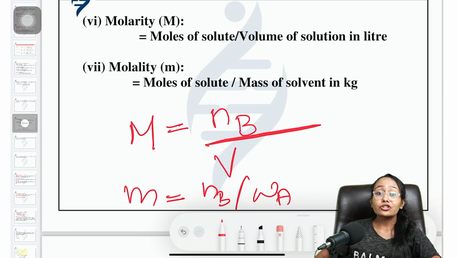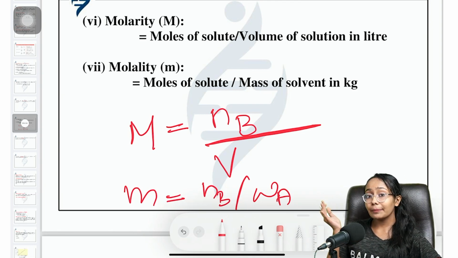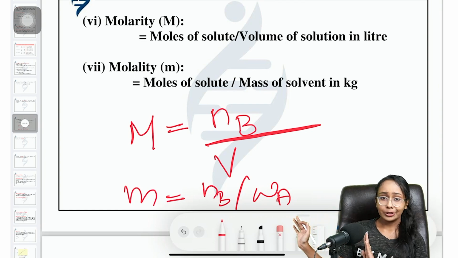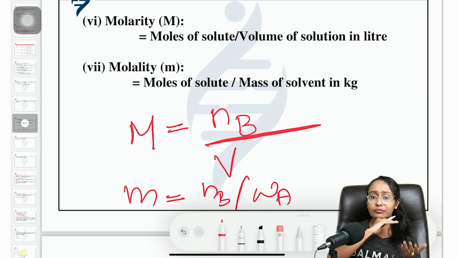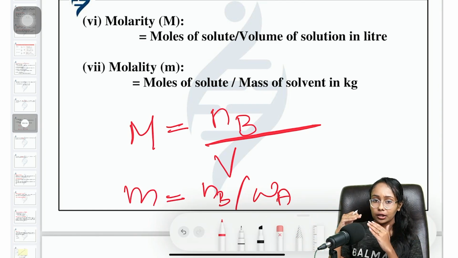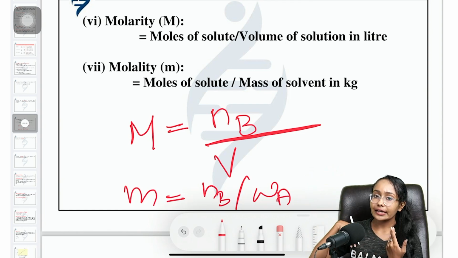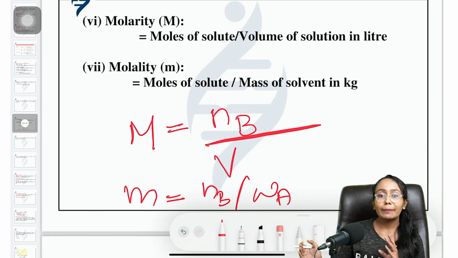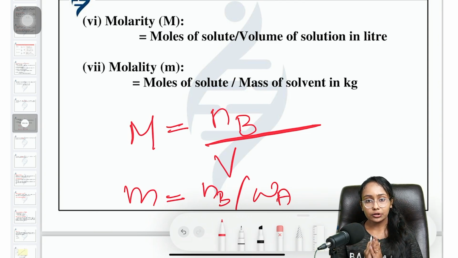What do you mean by temperature independent? Temperature independent means wherever the temperature goes, the concentration term remains constant. No matter whether the temperature increases or decreases, the concentration term remains the same. If a method of expressing concentration is temperature dependent, it will change as the temperature changes.